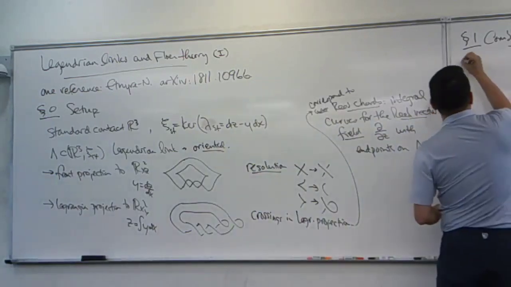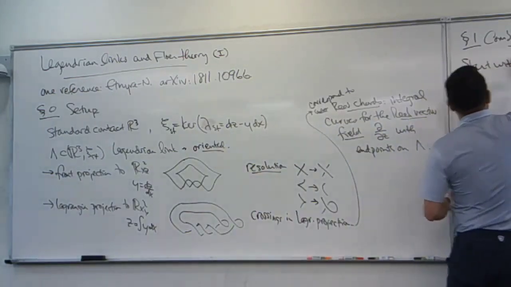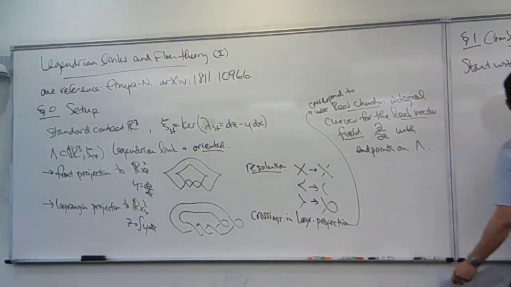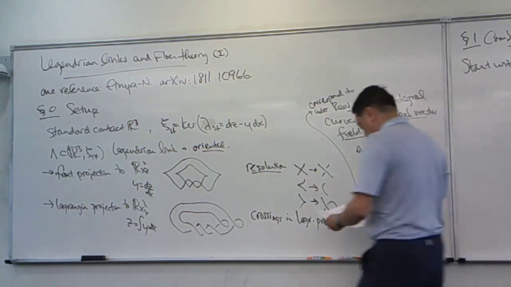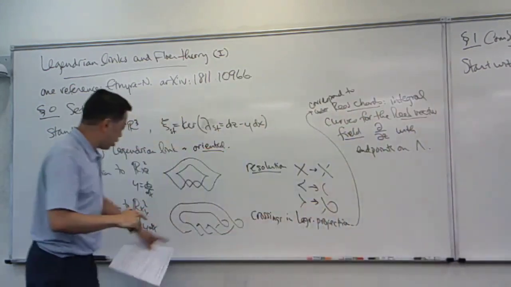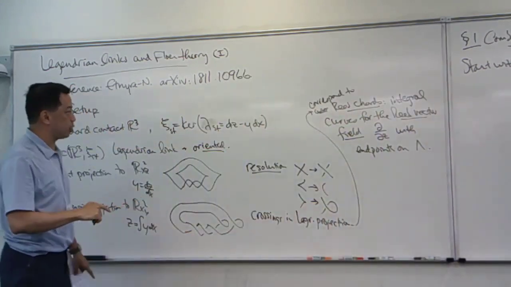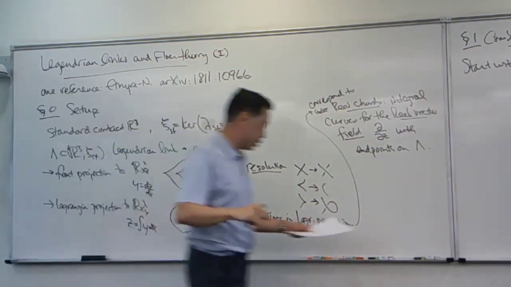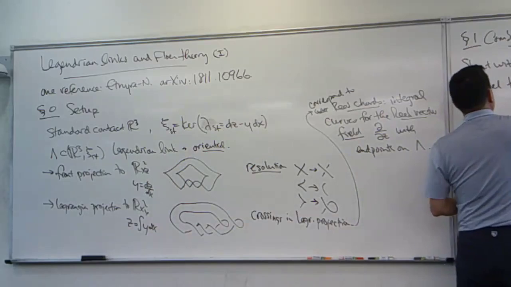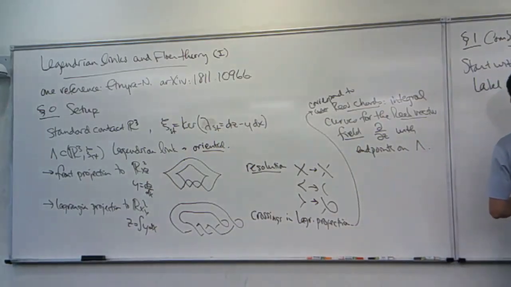Let's start with the XY projection, the Lagrangian projection, of a Legendrian link. Again, the crossings in this projection are what are called grid chords, and I'm going to label them.